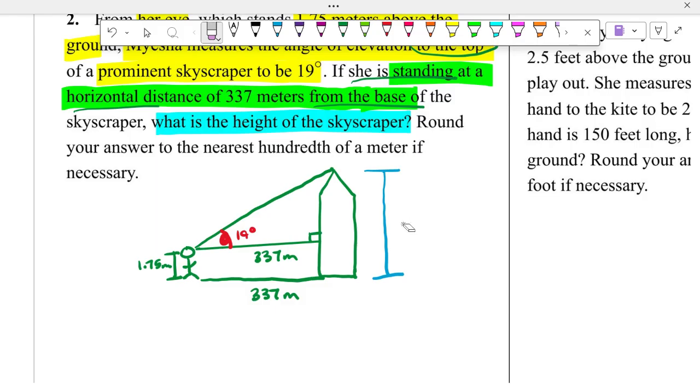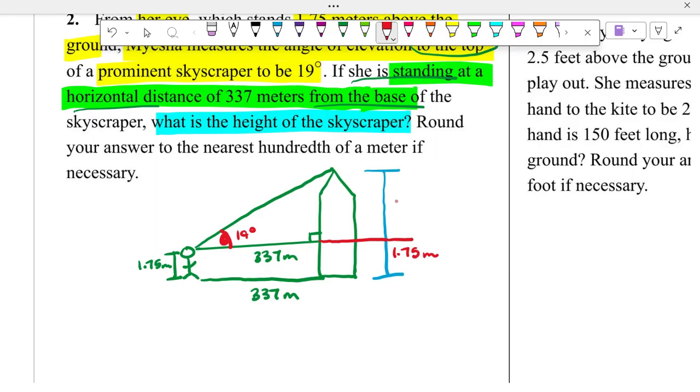So, what's kind of my gameplay here? What do you think? Right, so we already got the first part of the skyscraper, which is just her eye height, this 1.75 meters.